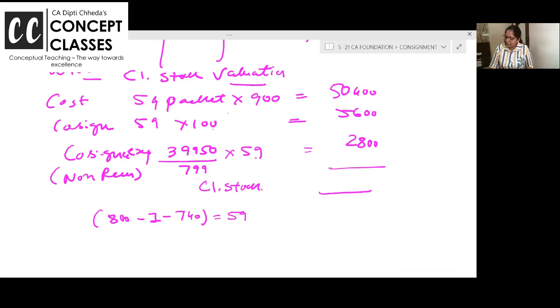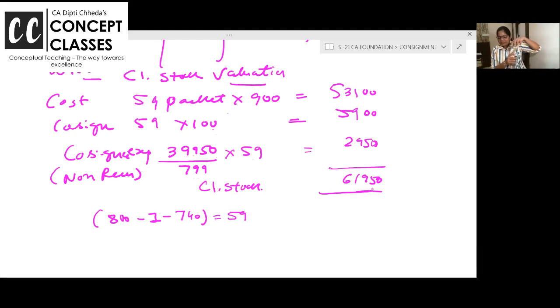59 into 900. 53,100. 59 into 100. 39,950 into 59 divided by 799. 2,950 plus 5,900 plus 53,100. 61,950. All right. Is closing stock easy for all of you or not?